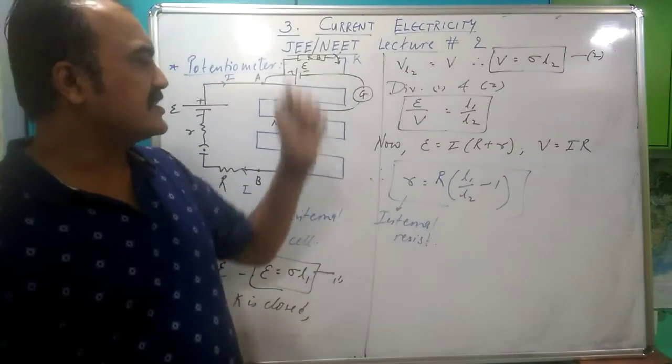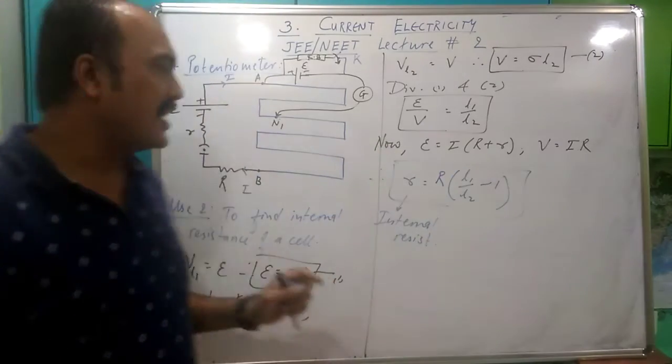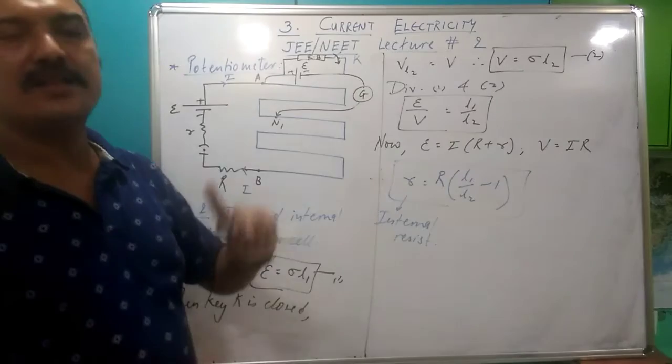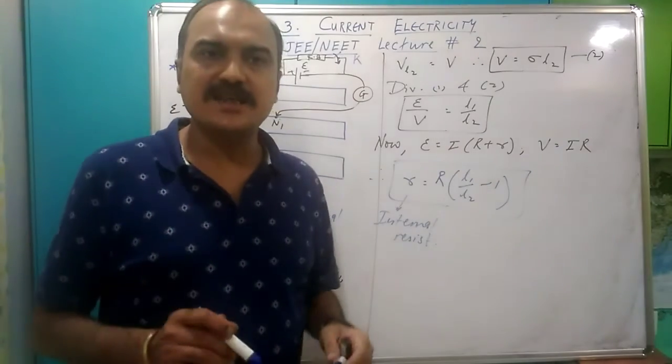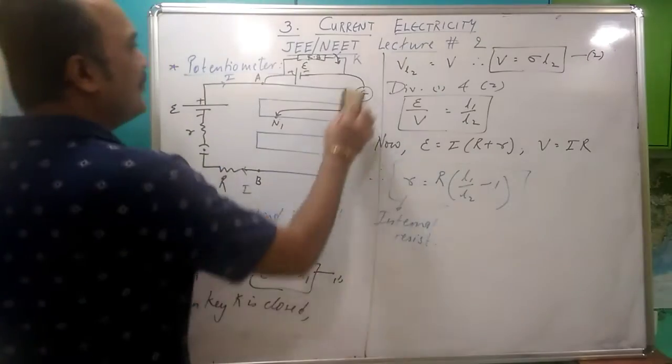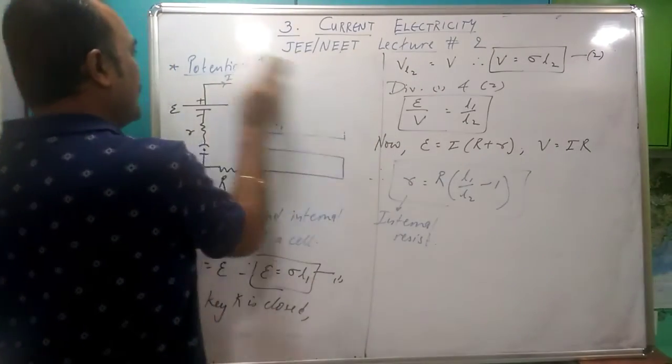Bada R is the external resistance here. L1 is the null point length when external resistance is not in the circuit, and L2 is the null point length when external resistance is in the circuit. So in this particular way, we tend to complete all we had to complete.